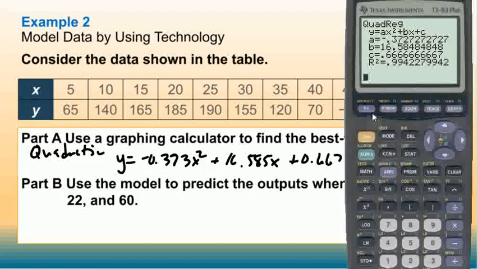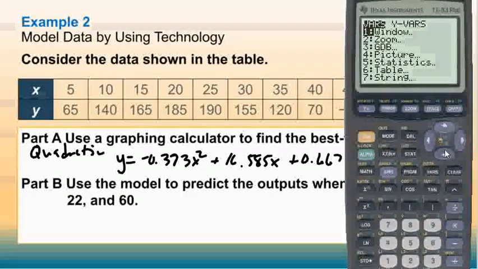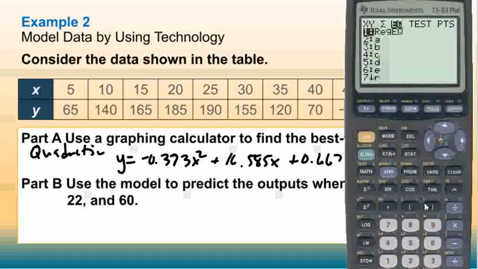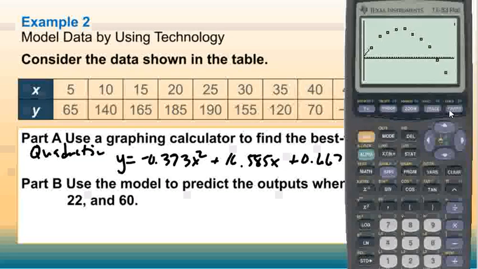Otherwise, now if I go to my y equals and I hit vars, go to statistics number 5, go to EQ number 1, it puts the exact equation in there. And now if I hit graph, it will put my line through there, the best fit.